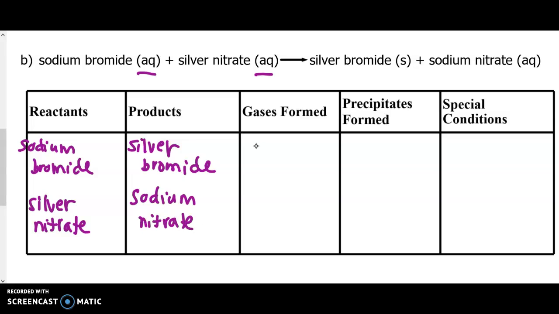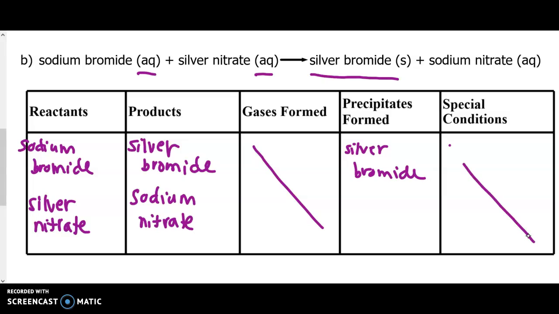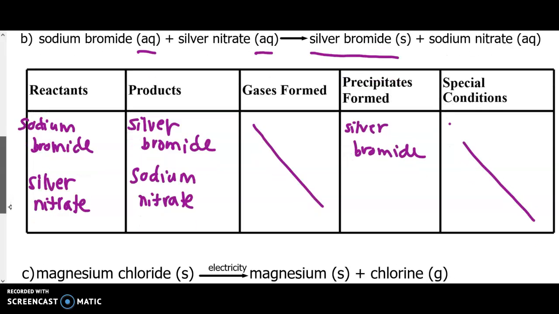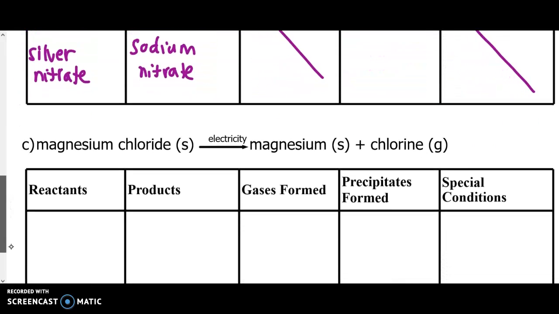In this example, there are no gases formed. There are no gases involved at all. The precipitate is actually silver bromide because the definition of a precipitate is a solid that is formed when two liquids or solutions are mixed. And in this case, there are no special conditions, so this is going to happen as soon as you mix the two aqueous solutions together.